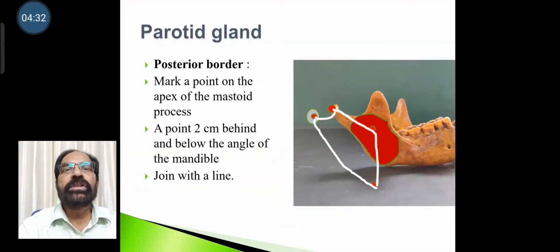Then we go to posterior border of the parotid gland. Mark a point on the apex of the mastoid process and a point 2 centimeters behind and below the angle of mandible and join them with a line. That represents posterior border.